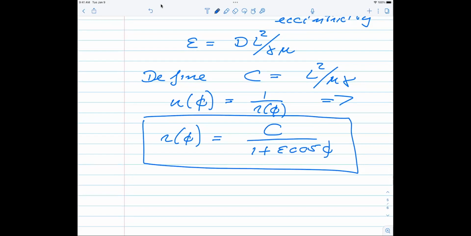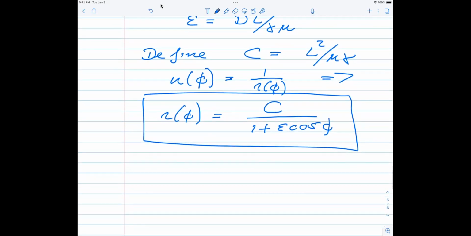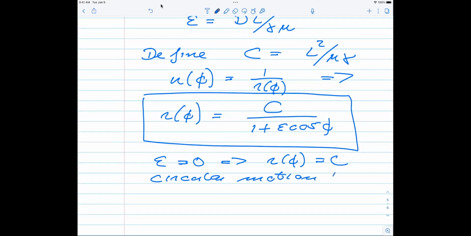So by just looking at the equation and looking at this quantity epsilon, you can infer that the solution has to give us circular motion. So epsilon equal to 0 means that r of phi is just a constant, and then we have circular motion. That's one.